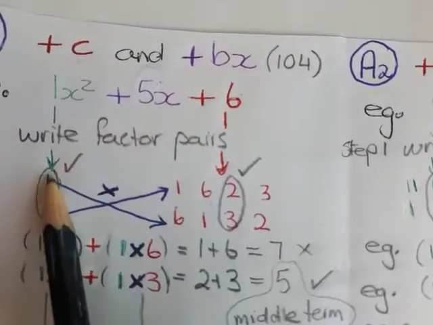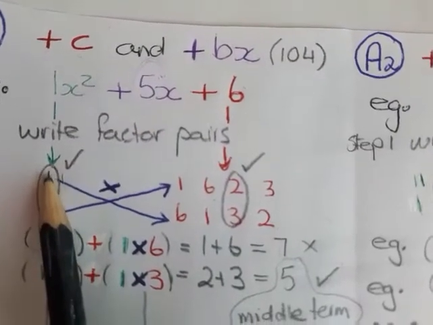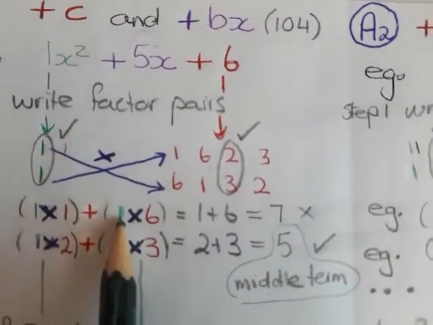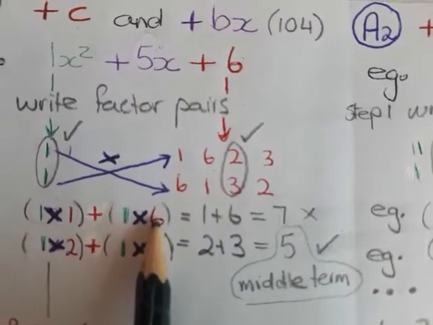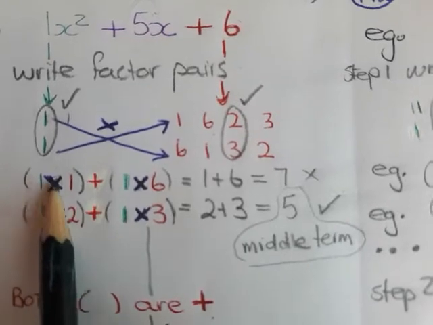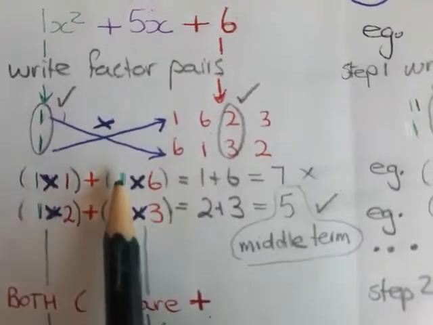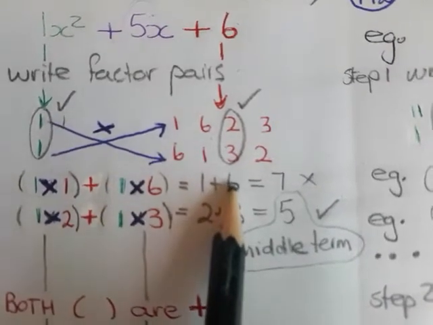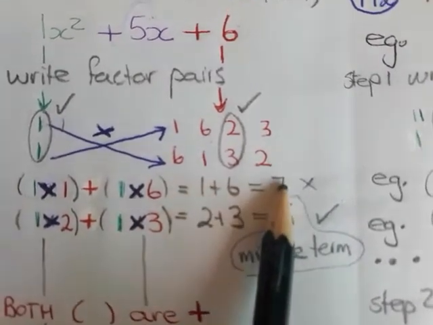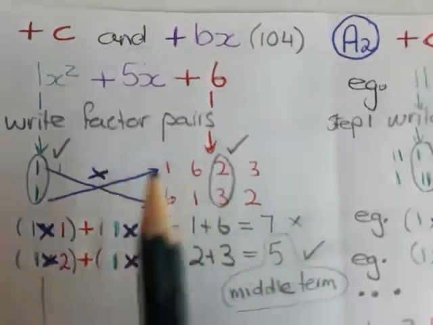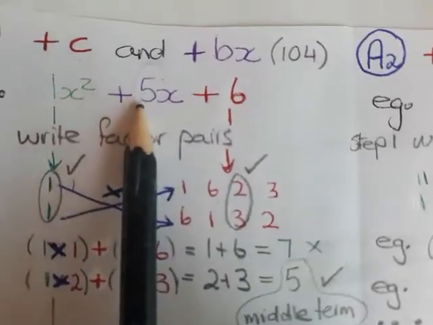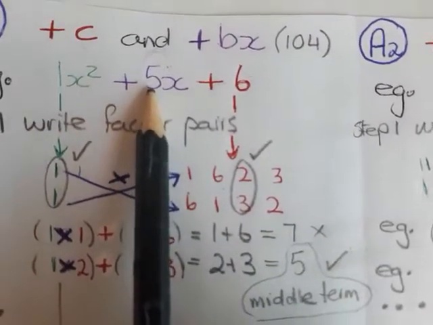Okay. Then I will multiply my second, which is 1 times 6. If you calculate the bracket 1 times 1, it gives you 1. And then you got the plus, and then you got 1 times 6, which is 6. And 1 plus 6 is 7. Okay, and 7 is not my middle term. Remember, I must get my middle term.